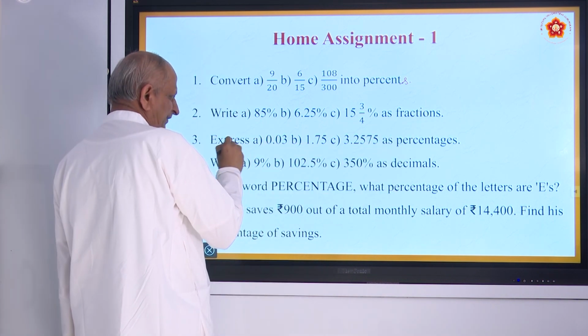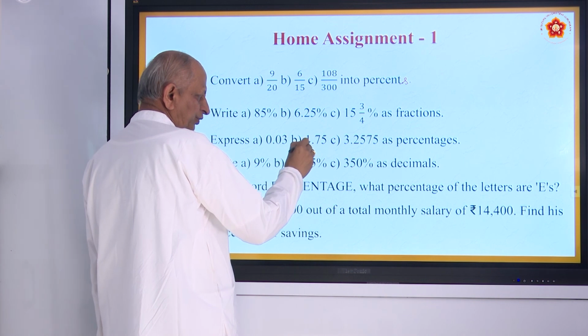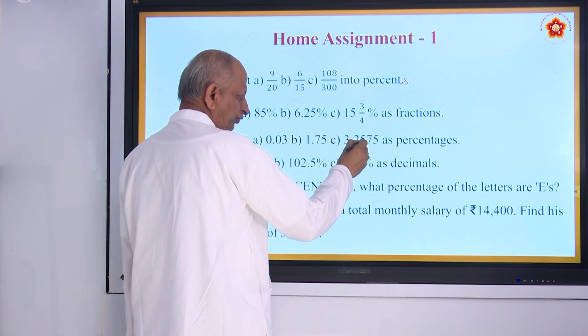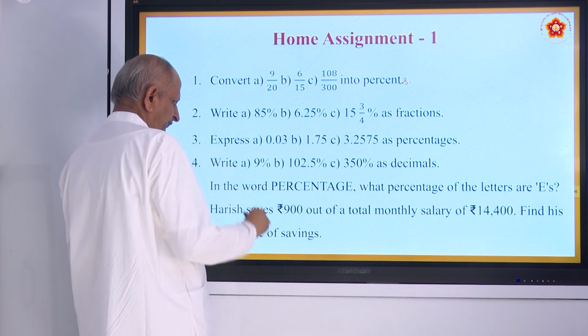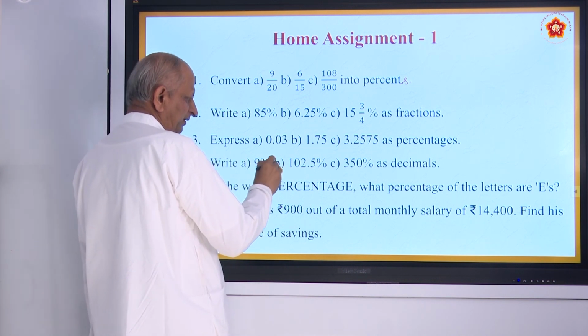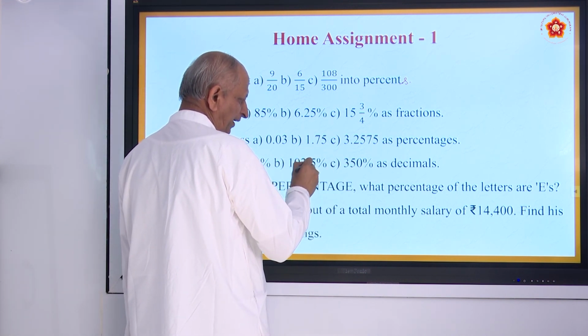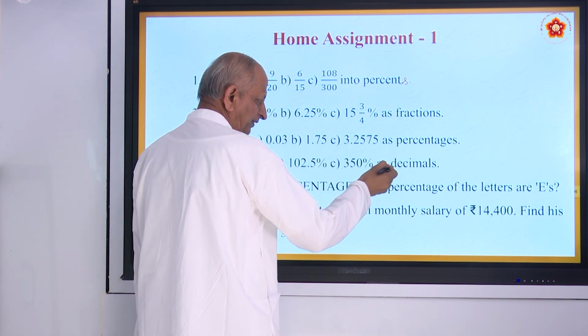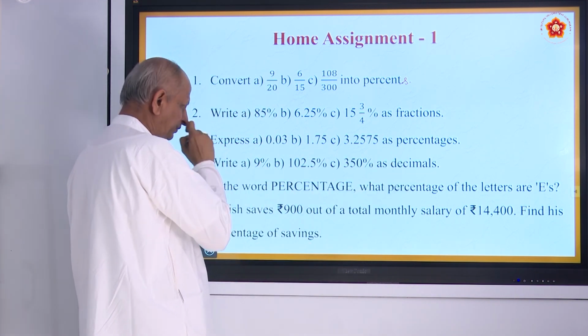Third, express 0.03, 1.75, 3.2575 as percentages, that is decimals to percentages. Write 9%, 102.5%, 350% as decimals. So that's the reverse of this.